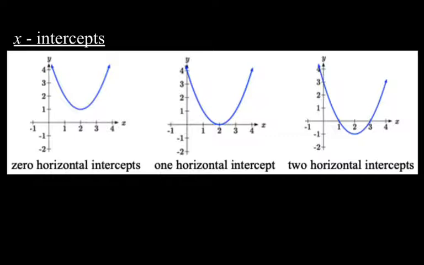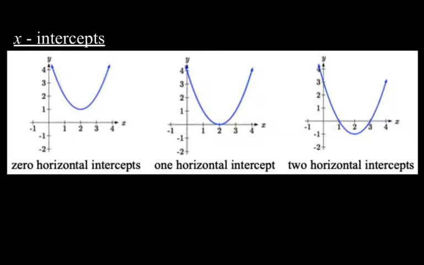When we are looking at parabolas, and we've already mentioned a couple of these, there's always going to be one of 3 options for how many horizontal intercepts they have. The first option that we're going to consider is that the entire parabola is completely above the x-axis.